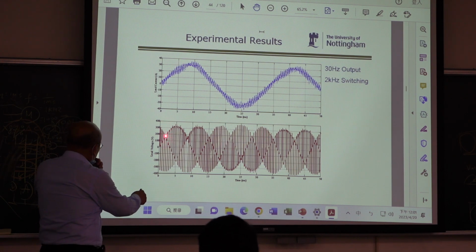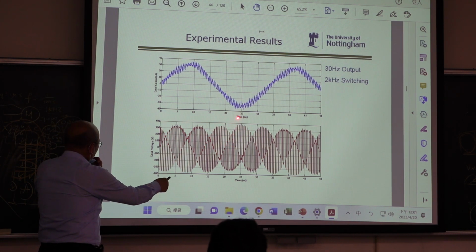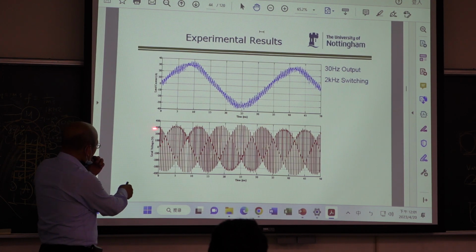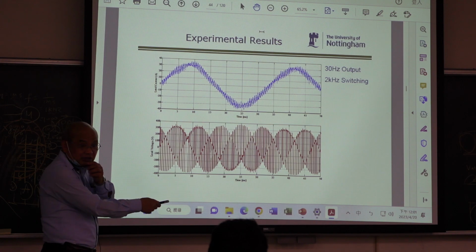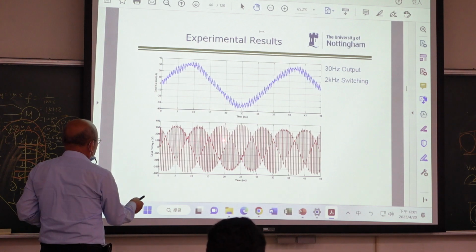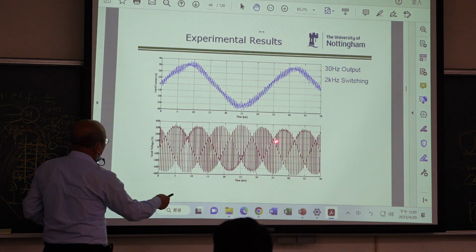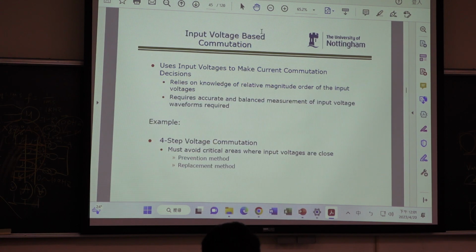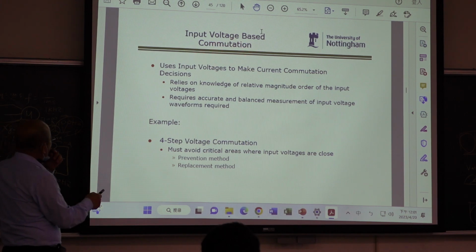And then you can see this is quite similar to a rectifier. Now we do not use a capacitor, so our voltage is not pure DC, right? Our voltage is like this. So this is the output voltage. And we have input voltage commutation.